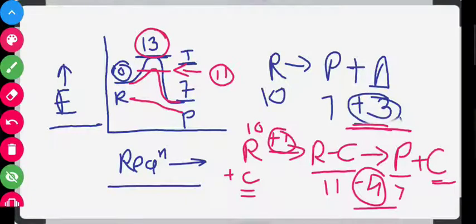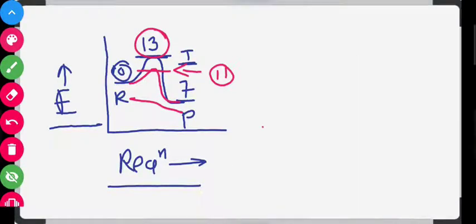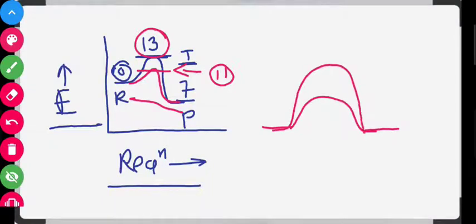Now why does time decrease? Let us assume two different slopes. This is our first slope and this is our second slope.